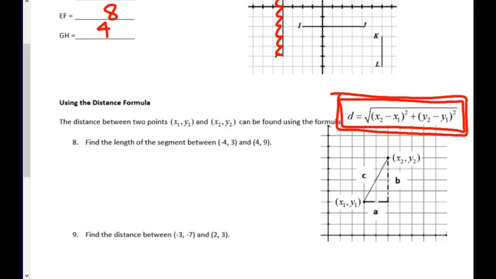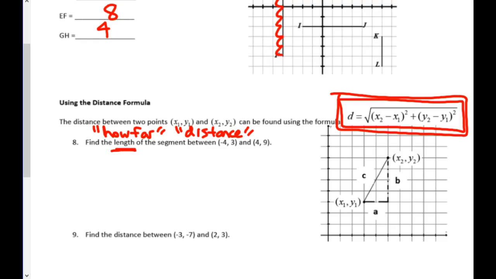Okay? Now, I'm going to label this real quick. Whenever you have 2 points and you're looking for the length, or if it ever says the phrase how far, or if it ever says the word distance, those are the situations where you're going to need to use the distance formula. How far, distance, and then length, okay?